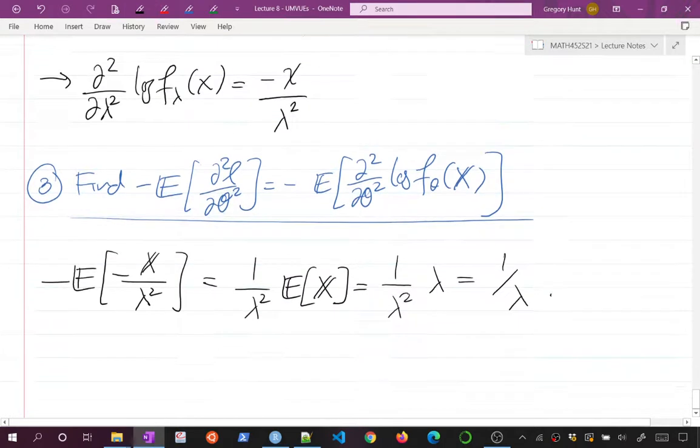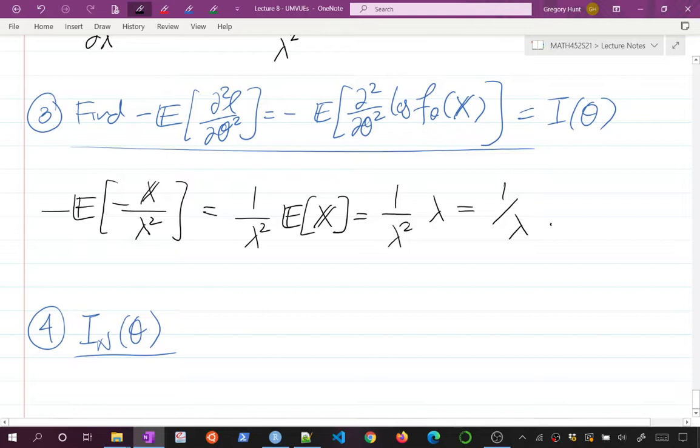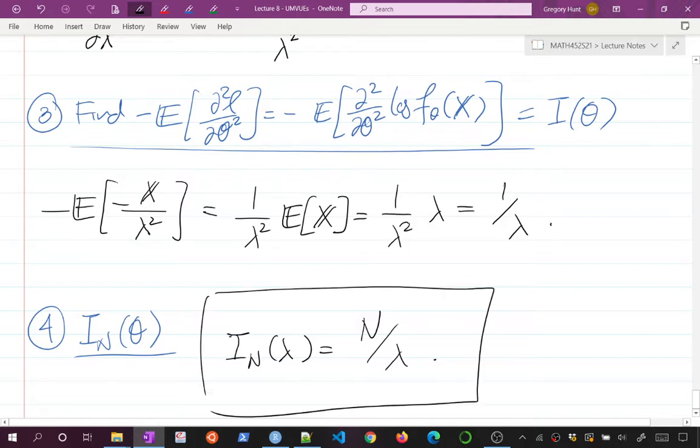So we get 1 over lambda. And your fourth step is that this is equal to the information contained in one sample. If we want our n sample version, all we do is say I_n of lambda is n times whatever that is. In this case, it's n over lambda. And that's basically our answer.